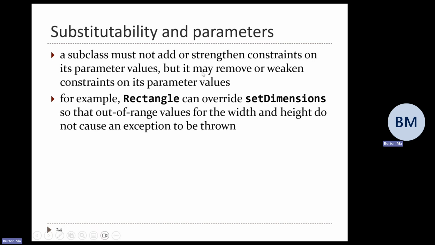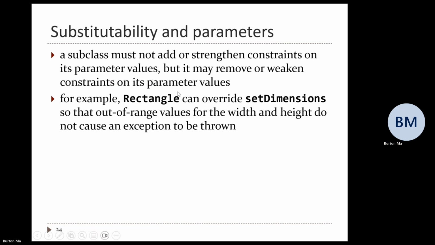But what you can't do is you can never add extra conditions, and you cannot strengthen any existing conditions, right? What you can do, though, is you can remove preconditions that you've inherited, and you can weaken constraints on the parameter values that you inherited, right?